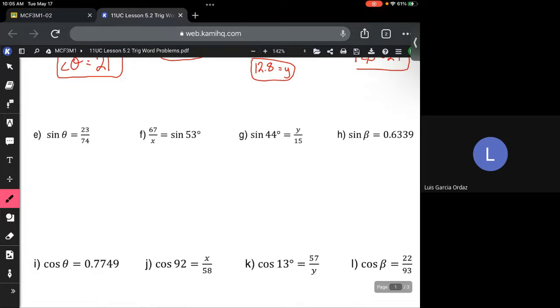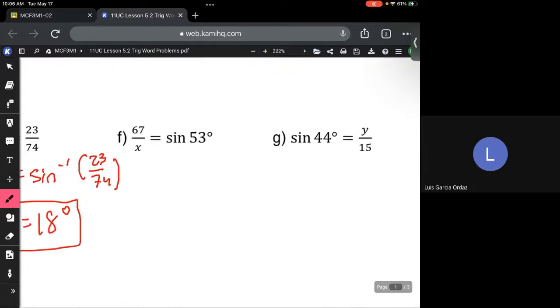So for E, Abigail did it right. We're going to have angle theta is equal to sine inverse of 23 over 74. And when you do that, you get an angle of 18 degrees.